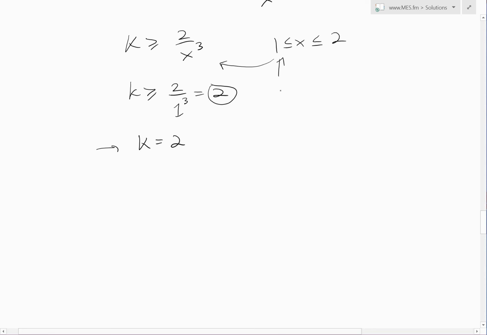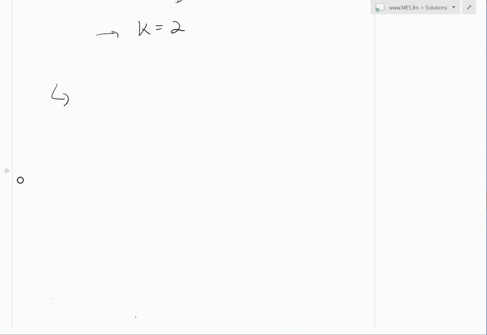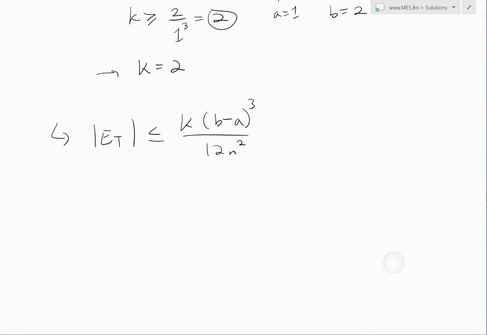And again, a equals 1, b equals 2, and now we can apply the error estimate. In this case, the absolute value of E_T is less than or equal to k times (b minus a) cubed over 12 n squared, using the trapezoid rule. This equals 2 times (2 minus 1) cubed over 12 times n squared, where n equals 5 from our example above.